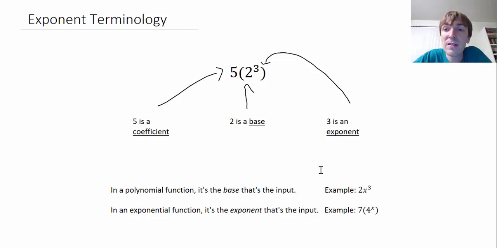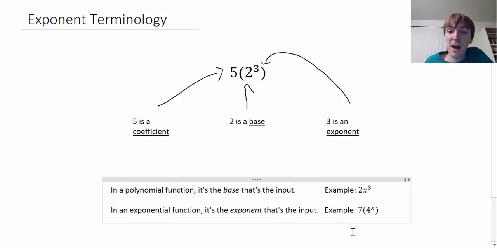We are fixing the base, and we're letting the exponent be the input variable. Thus the name exponential function. So something like 7 times 4 to the x that I have down here is an exponential function. It looks very similar to a polynomial, but we're going to see that putting the variable in a different place means that these behave very differently than polynomials do.